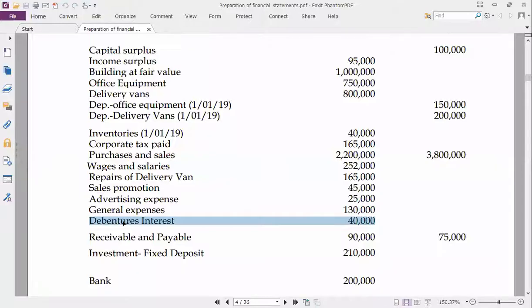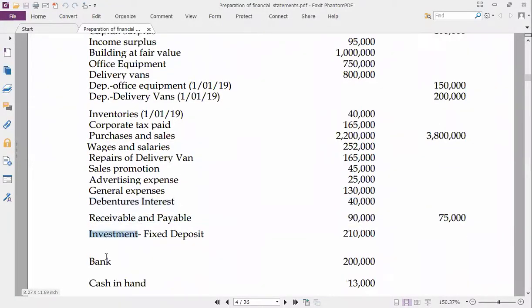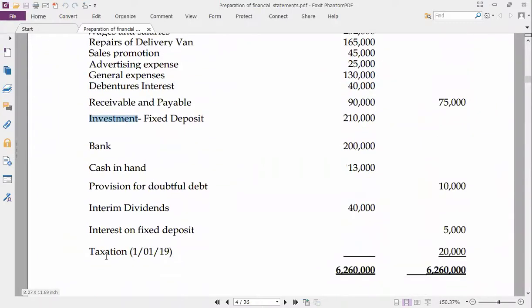Debenture interest, no. Receivable and payable, no. Fixed deposit, no. Okay, so let's see the next item. Bank, no. Cash, no. Provision for doubtful debt. So bad debt.